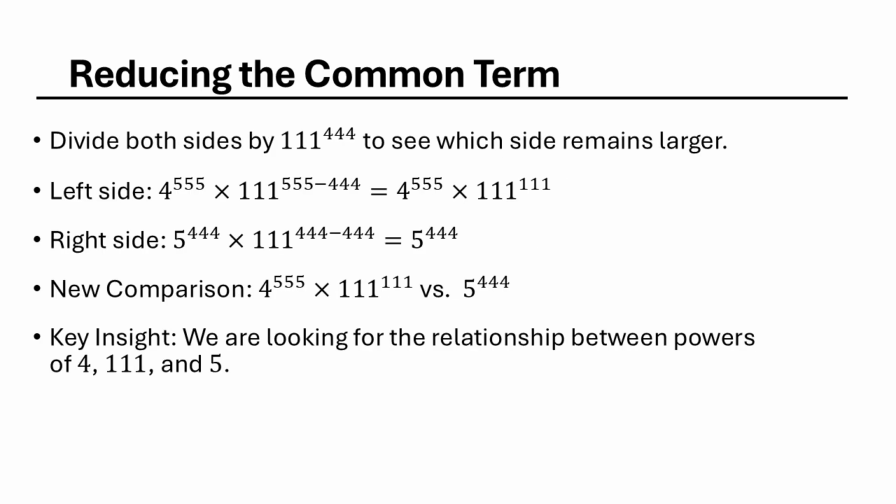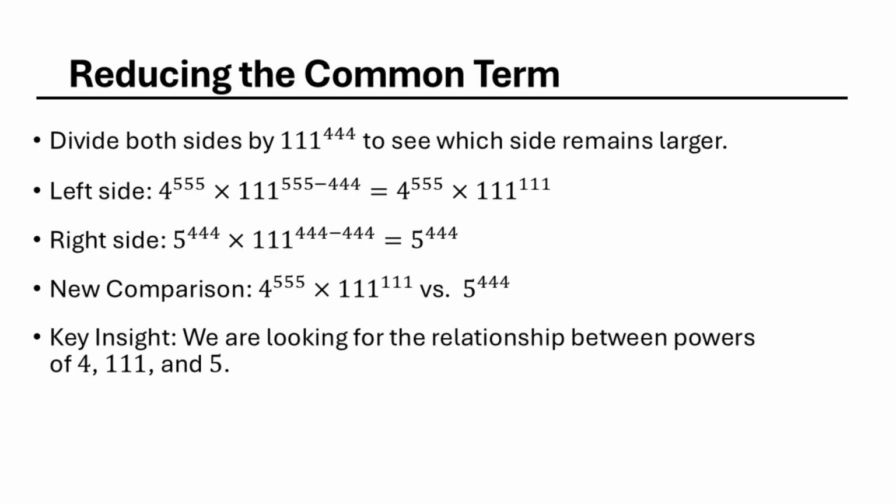To compare them, we can divide both expressions by the smaller power of 111, which is 111 to the power of 444. On the left side, we use the quotient rule for exponents, which states that a to the power of m divided by a to the power of n is a to the power of m minus n. So, 111 to the power of 555 divided by 111 to the power of 444 gives us 111 to the power of 111.